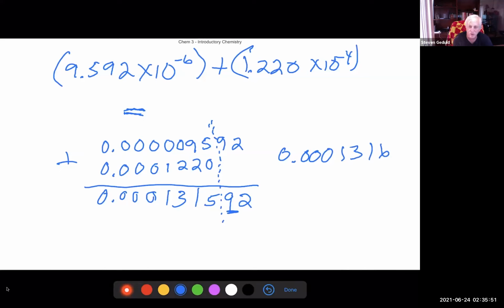And then put it back in notation, it becomes 1.316 times 10 to the negative 4, moving the decimal 4 places. So that'd be the answer. But that's how you do it.